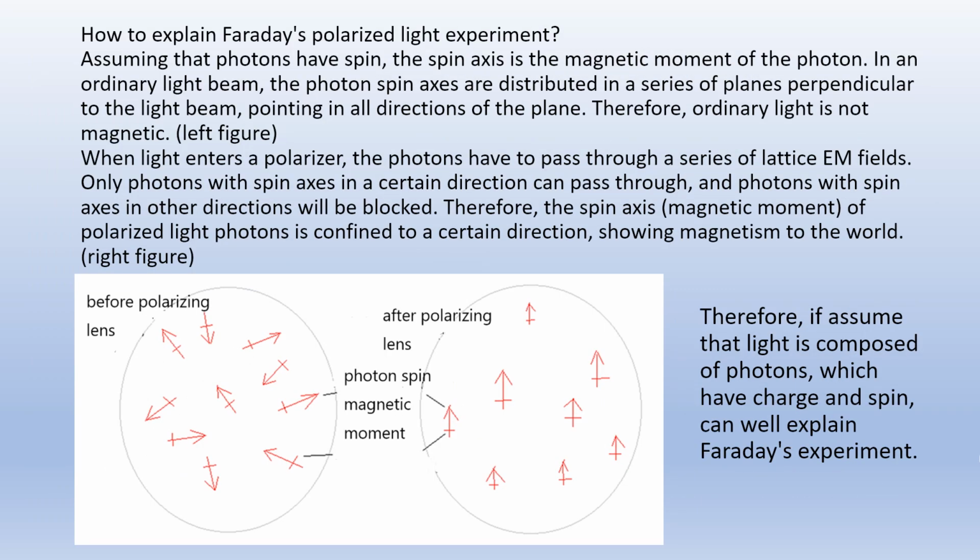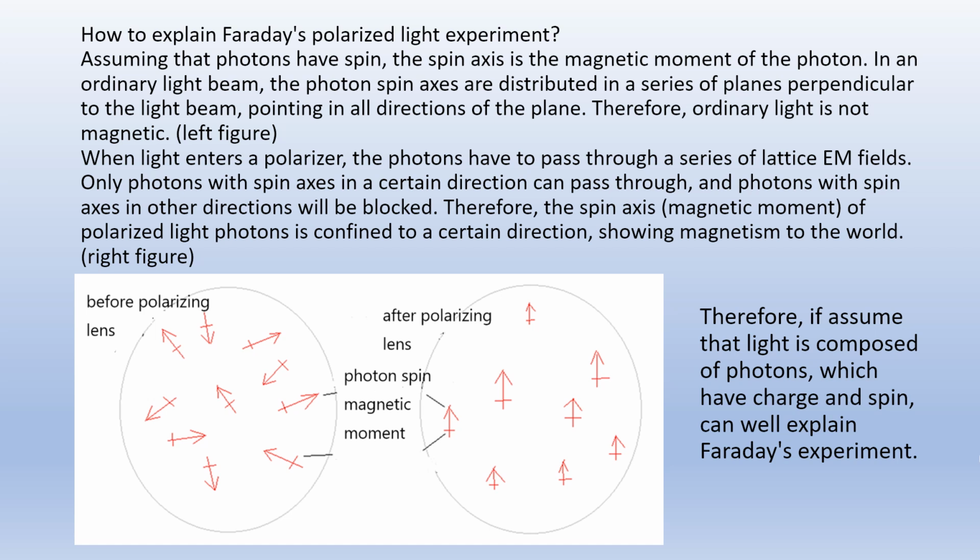How to explain Faraday's polarized light experiment? Assuming that photons have spin, the spin axis is the magnetic moment of the photon. In an ordinary light beam, the photon spin axes are distributed in a series of planes perpendicular to the light beam, pointing in all directions of the plane. Therefore, ordinary light is not magnetic.